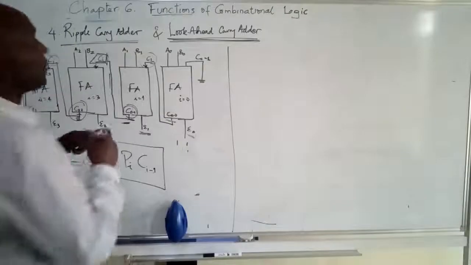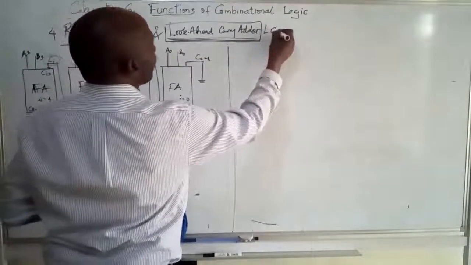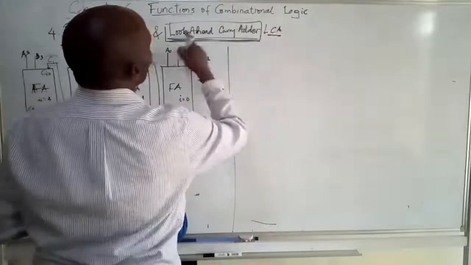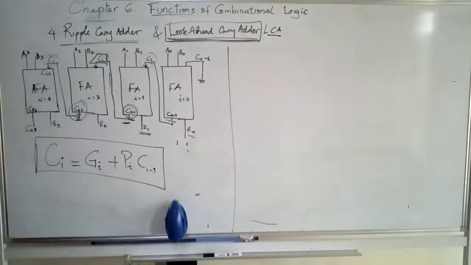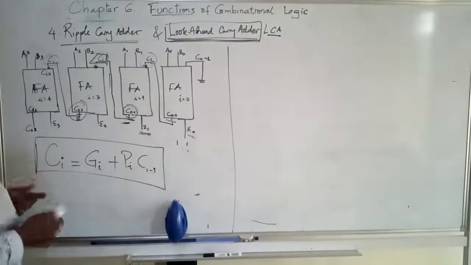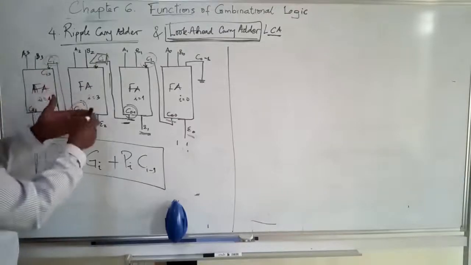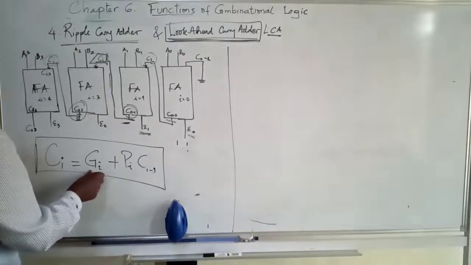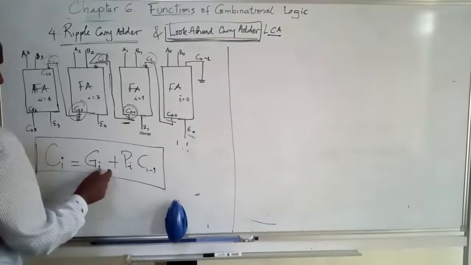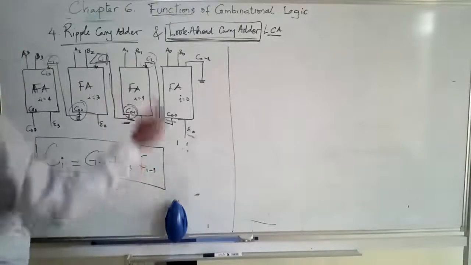But with the look ahead carry adder, or LCA, the generalized equation could be C in is equal to the generator or propagator, C i minus 1.